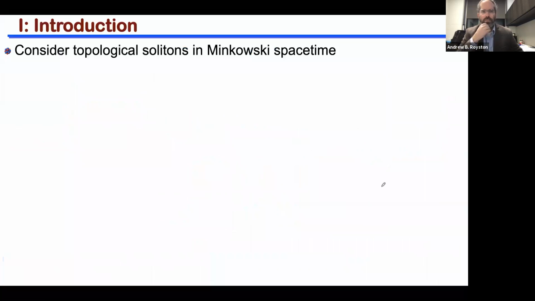Okay, so let me start with a few slides of introduction to motivate what we're going to do. So we're going to consider topological solitons in good old Minkowski space-time. So the topological charge here determines different classes of boundary conditions which lead to finite energy solutions.